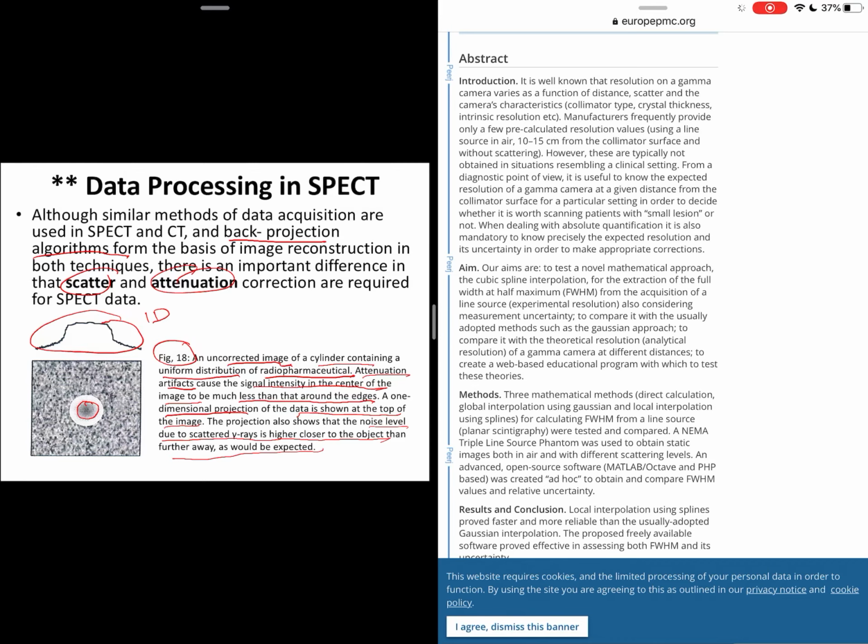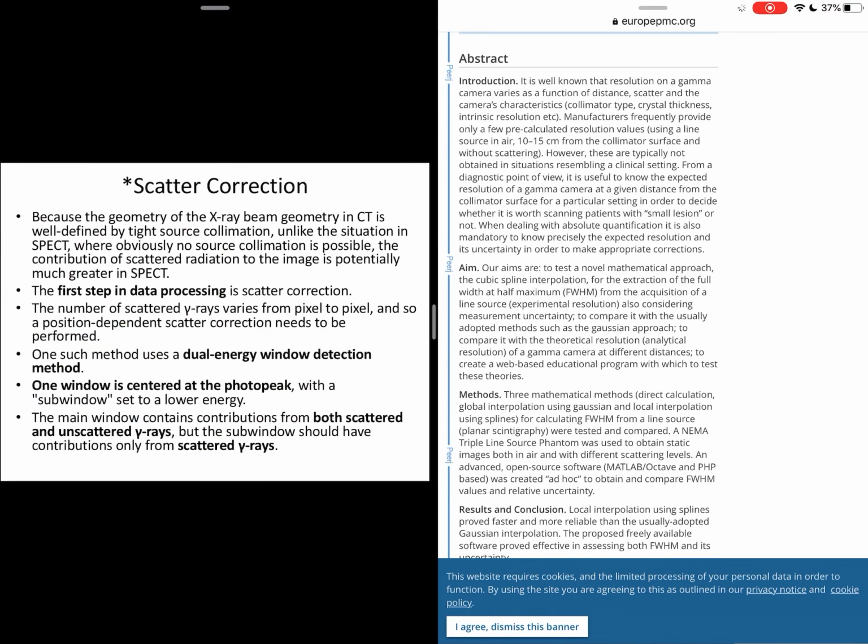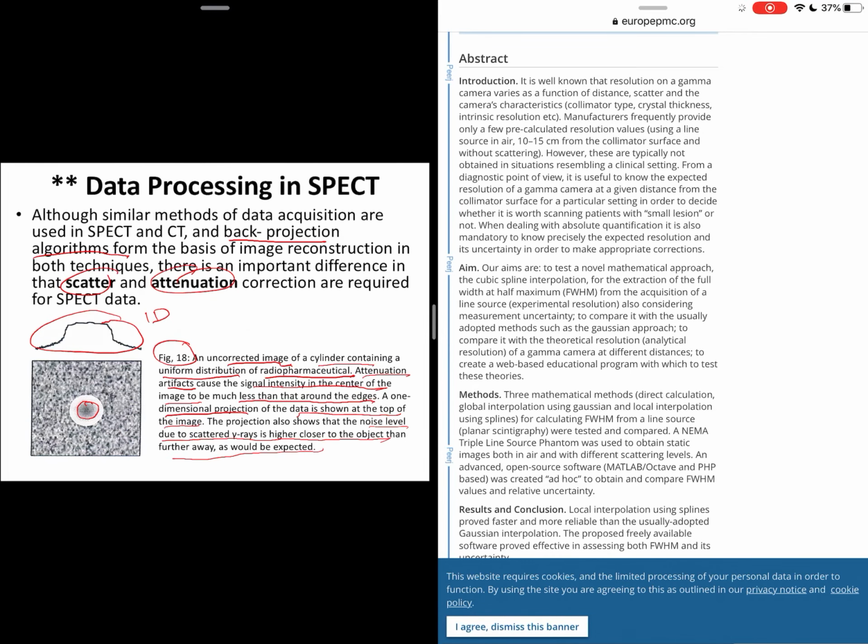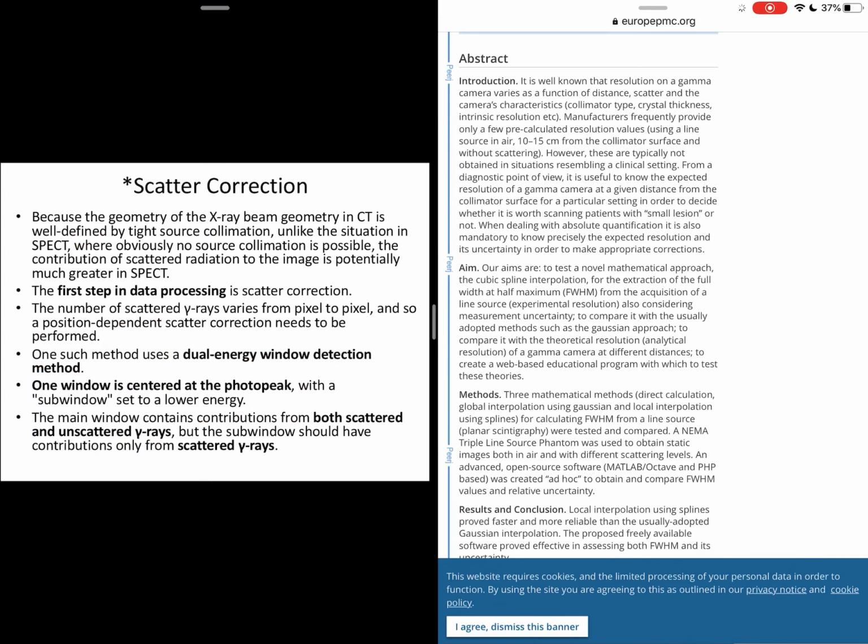The projection also shows that the noise level due to scattered gamma rays is higher closer to the object than further away, as would be expected. We actually cannot see it clearly here. Never mind, the main thing is that you can catch the key points of it.